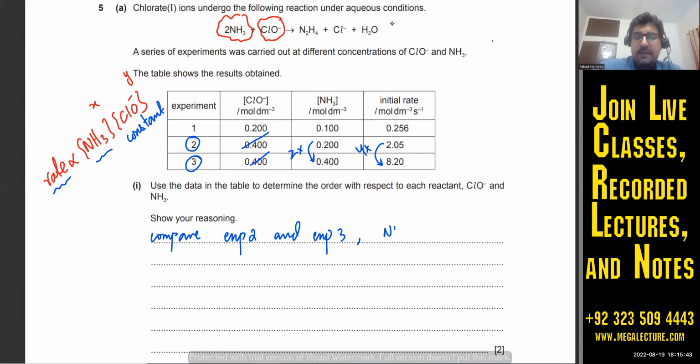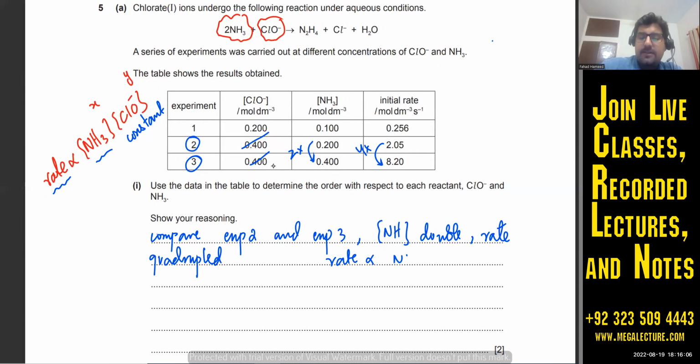You're going to state that nothing happened to ClO-, NH3 concentration doubled, and your rate quadrupled, or increased 4 times. So that indicates that it's order 2. That means that rate is dependent on NH3's concentration, but it's got a squared relationship, which basically implies that it is order 2 with respect to NH3.